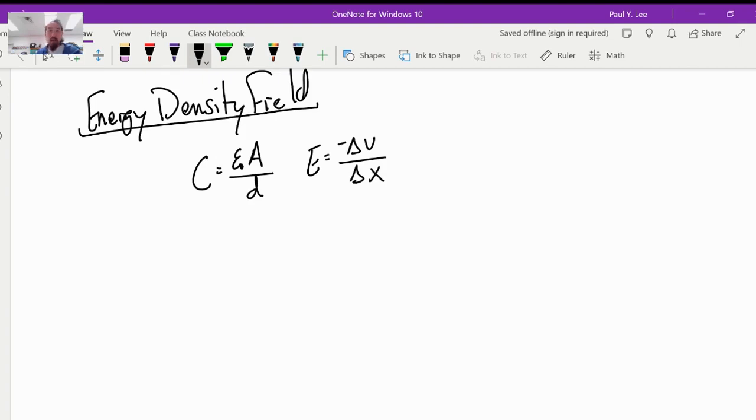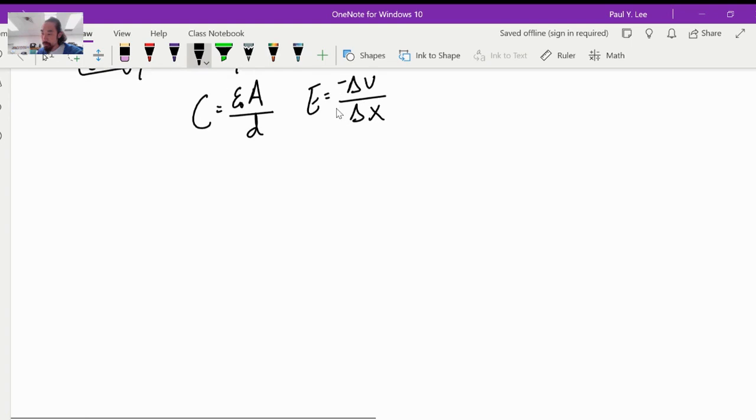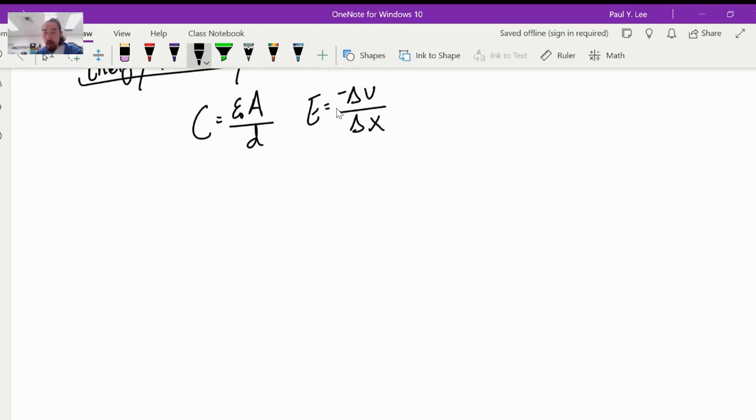All right, so we have these two formulas, and with these two formulas, let's come up with this idea called an energy density field. All right, so I'm going to start off with my electric potential energy formula for a capacitor that we found before. C delta V, and this delta V is squared, divided by 2. I'm going to substitute in for my C here, and that delta V, I'm going to substitute in there.